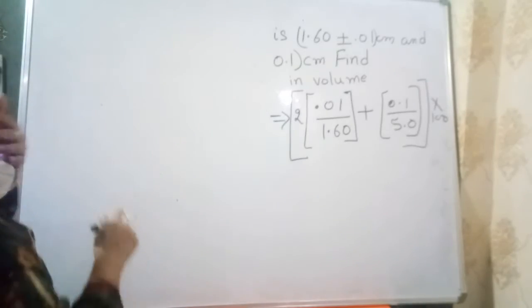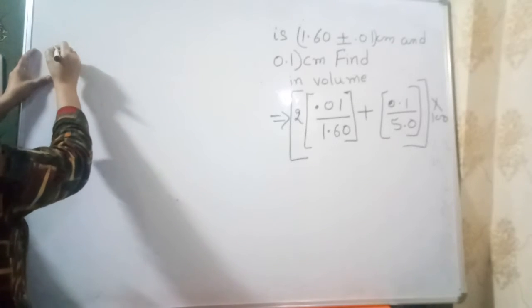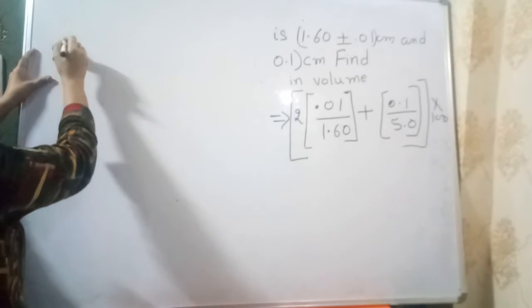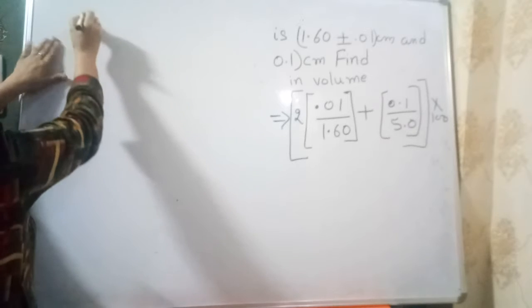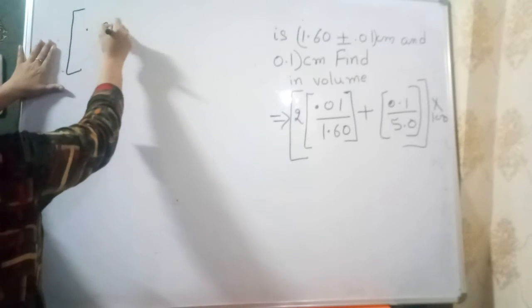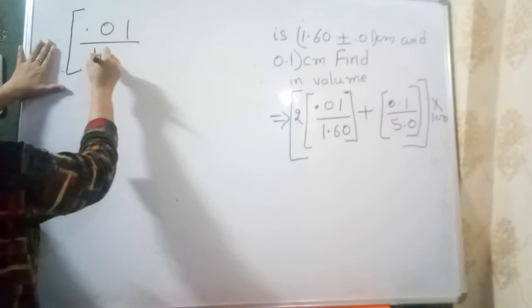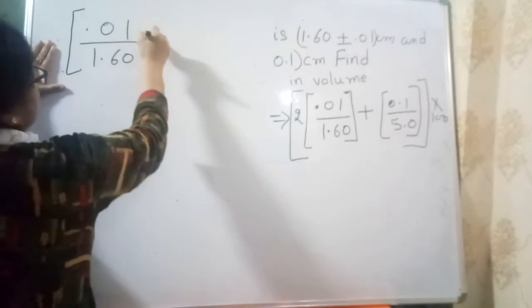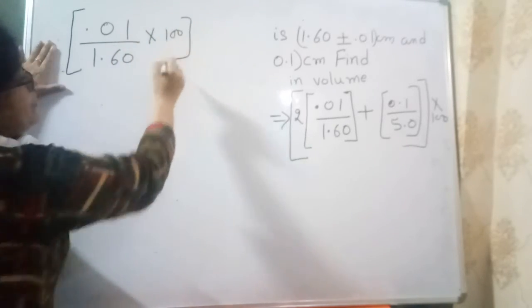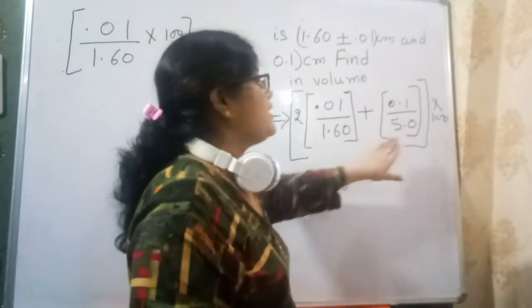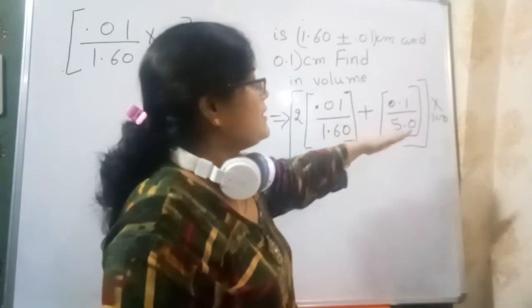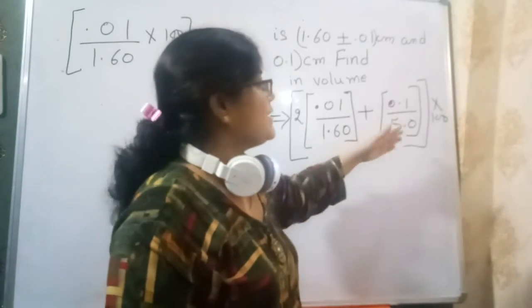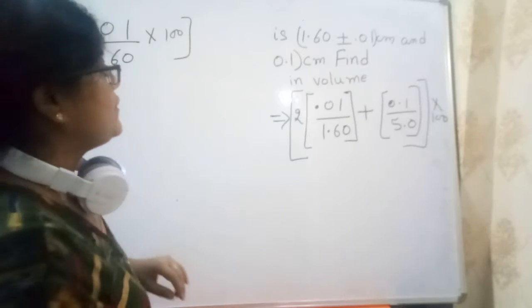That means we have here, just leave 2 for some time, just find the value of 0.01 over 1.60 into 100, because 100 is multiplied to this quantity and also to this. That means 100 is multiplied to the diameter as well as to the height of the cylinder.